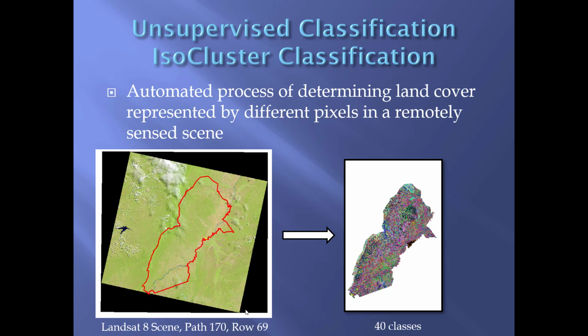So this is an example of a clipped Landsat scene to just focus on the national park boundary. And the analysis was run with 40 classes selected. So you, as the analyst, can choose how many classes you want to run in the unsupervised classification.